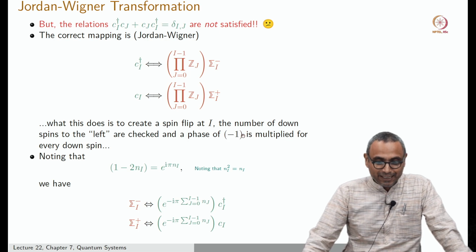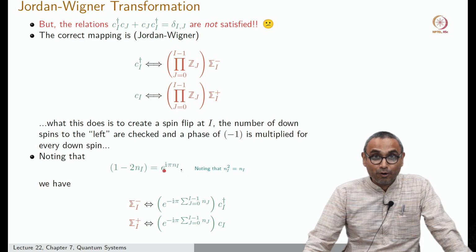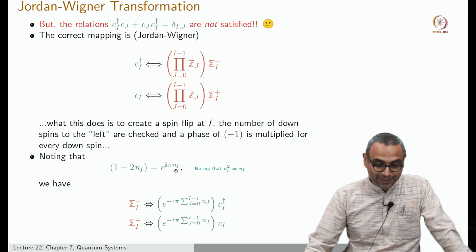Okay. So now wherever I see Zi, remember our dictionary, Zi is 1 minus 2 Ni, I replace it by this quantity. And I must also tell you there is a very important relationship.